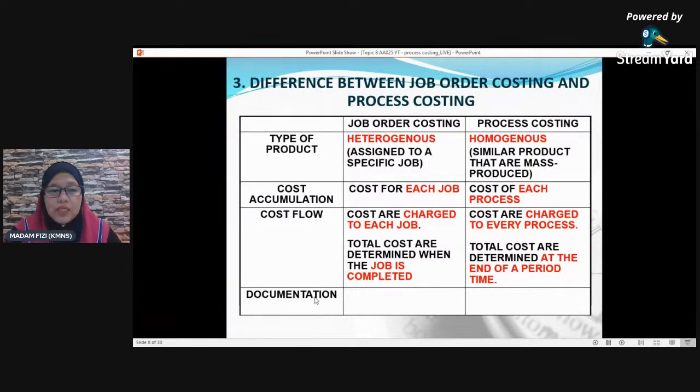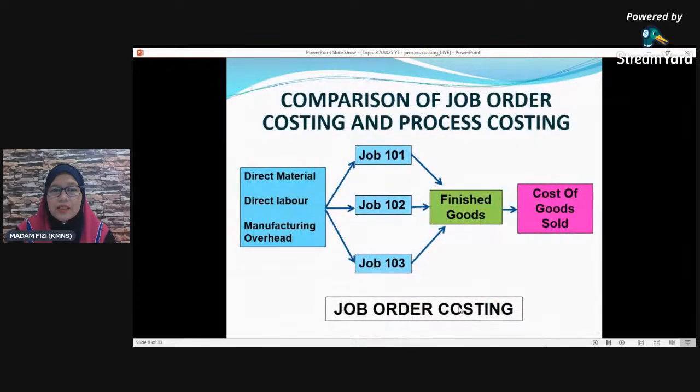I hope that you will understand. And how about the documentation? The job order costing, the documentation is the job cost sheet. But for process costing, the documentation is the production cost report. Later on we will see the production cost report.